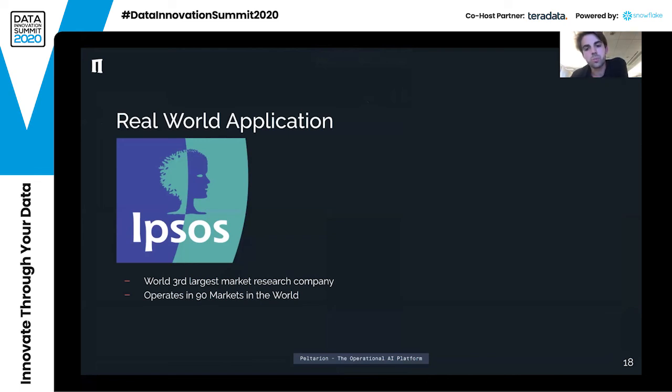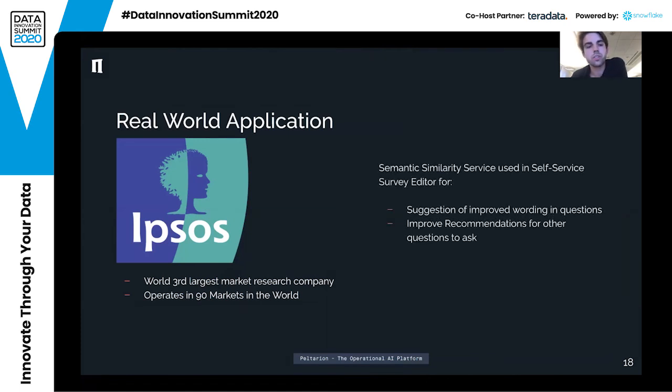Together with them, we helped them on a product they do, which is the self-service survey creator or editor, and their semantic similarity service was used to suggest improved wording of questions and suggest some answer alternatives that you could add to questions that you're asking, but also to improve the recommendations for a next question to ask.